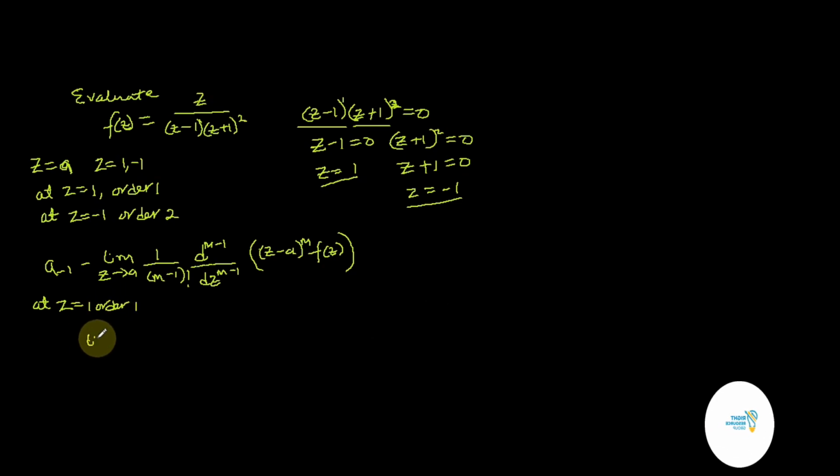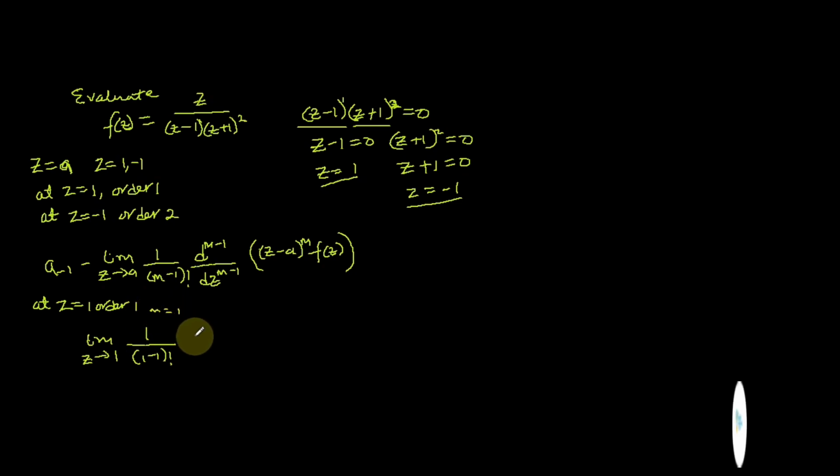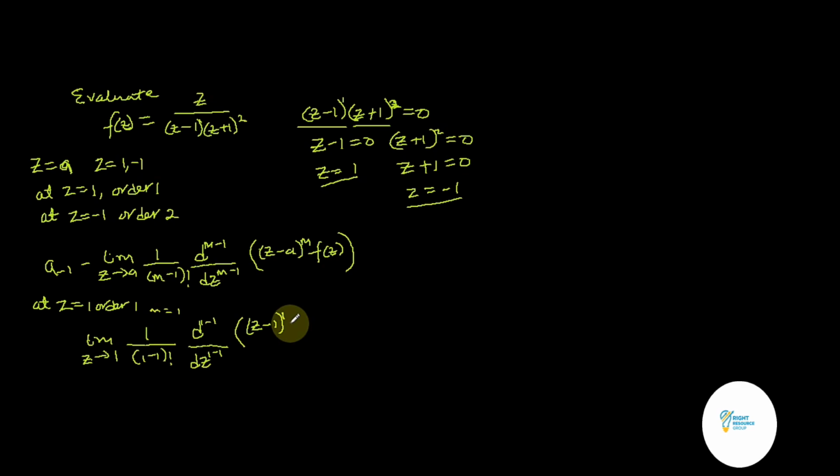This is going to be the limit as z tends to 1 of 1 divided by (1 minus 1) factorial, where m is equal to 1, that is the order, then the (1 minus 1)th derivative of (z minus 1) raised to the power of 1, this is order 1 here, multiplying the function itself, which is z all over (z minus 1) multiplying (z plus 1) all squared.